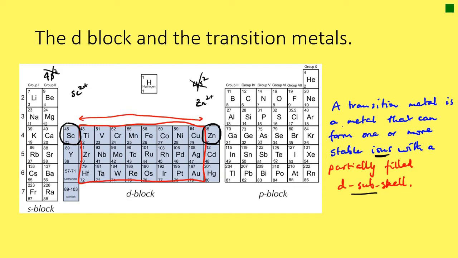So a transition metal is a metal that can form one or more stable ions with a partially filled D subshell.